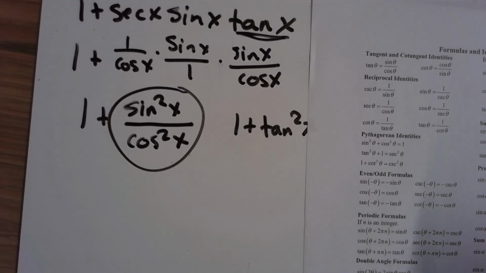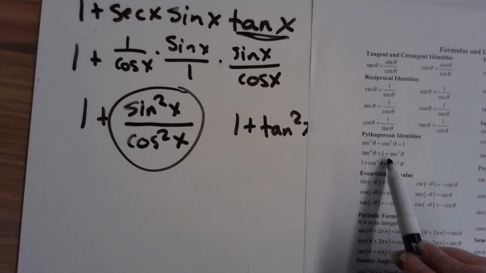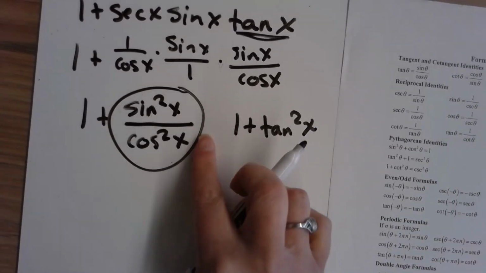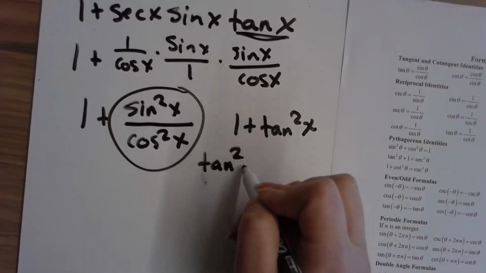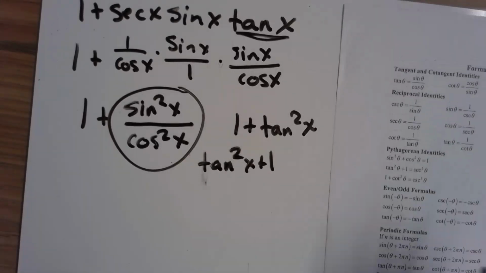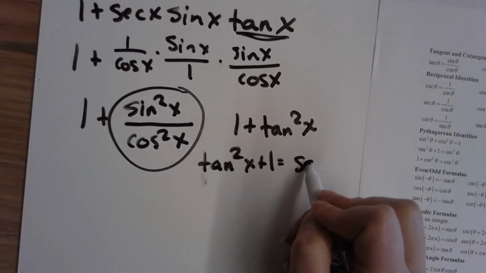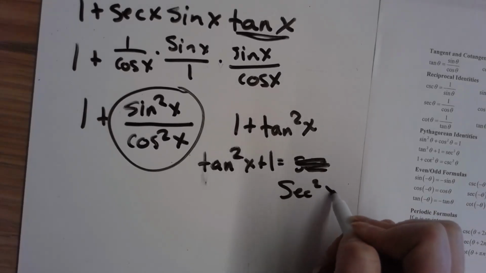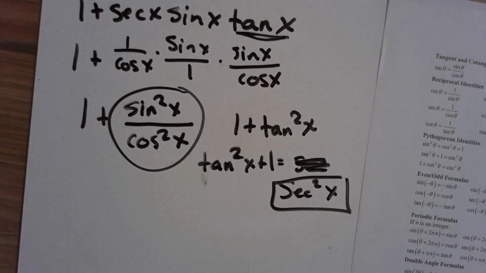It's a little small, but if you look right here, we have tangent squared theta plus 1 equals secant squared theta. I have 1 plus tangent squared theta, but with addition it doesn't matter. So this is the same thing as tangent squared x plus 1, which means this is going to equal secant squared x, which is what it will simplify to.